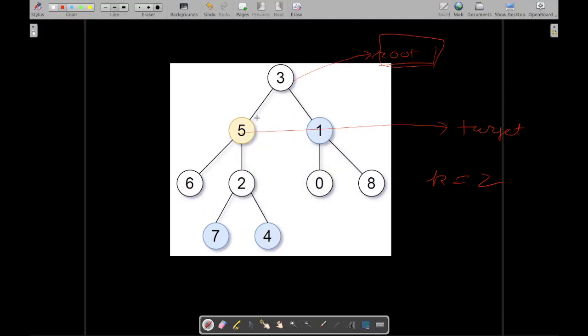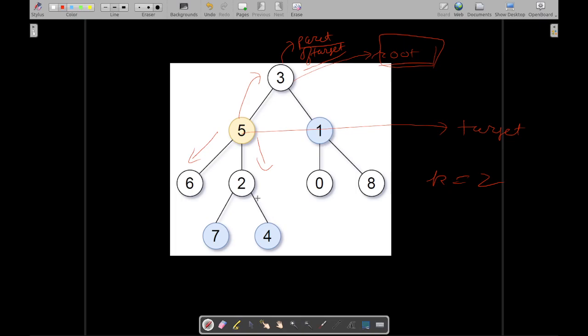So if we do a normal depth first search traversal of a tree, then it will always go in this direction or this direction for the given target, but it will never go in this direction, because there is no link to the parent of the target, or of any particular node you are considering while finding the kth distance nodes from the target.